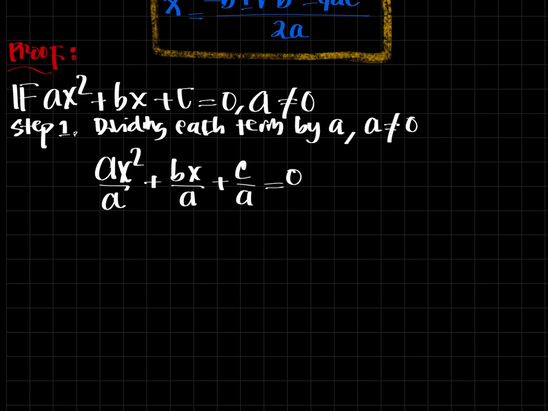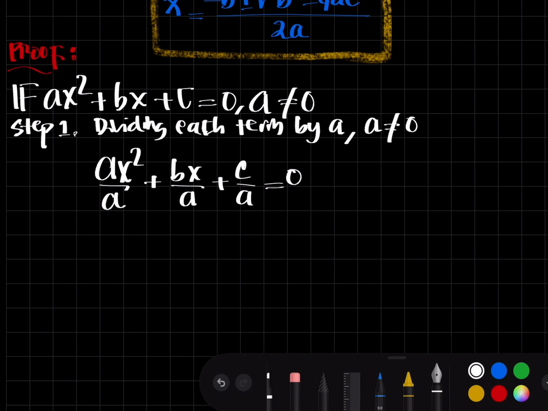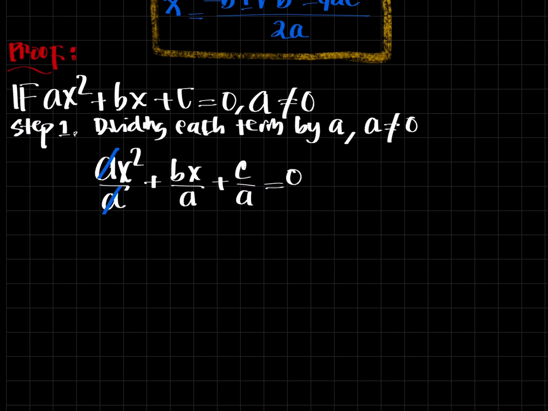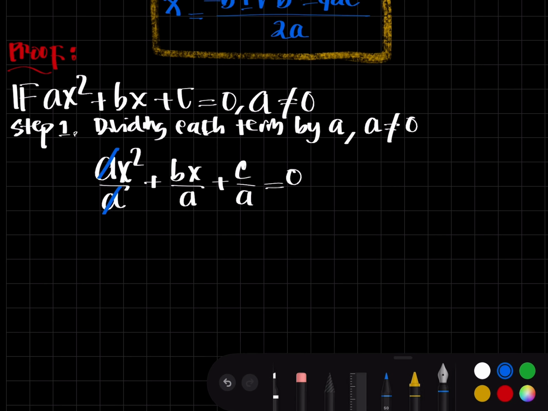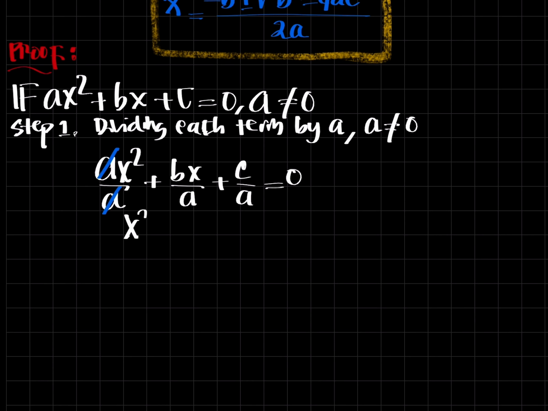Now as you can see, there are terms that we can simplify. So as we divide each term by a, we will get x squared plus b over a x plus c over a equals 0.